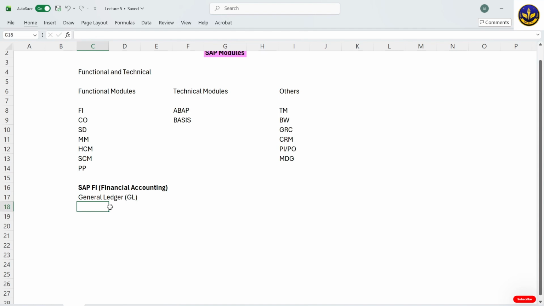And then we have accounts payable, in short AP. And then we have accounts receivable.